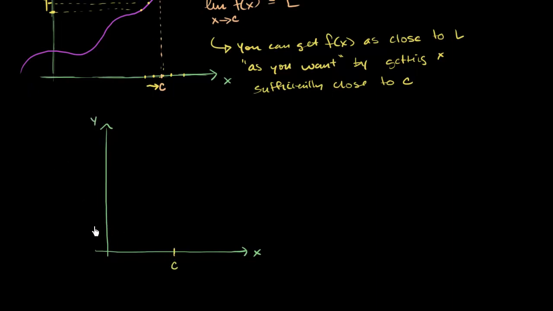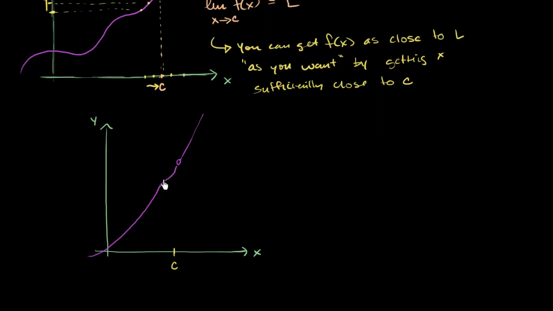Let's zoom in on our function. I don't want it to be defined at c, though it could be. You can always find a limit even where it is defined. But let's say our function looks something like that, and it can even have a little kink in it the way I drew it. So it looks something like this.